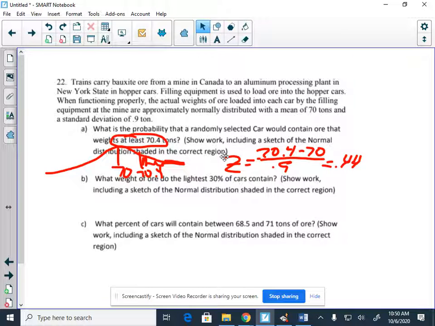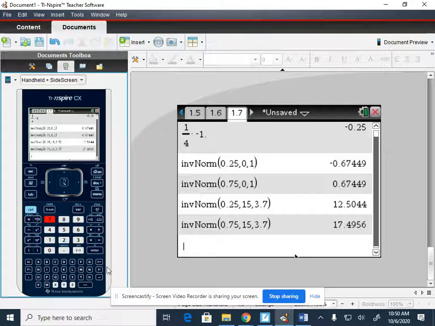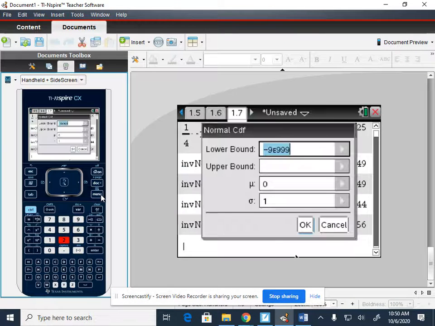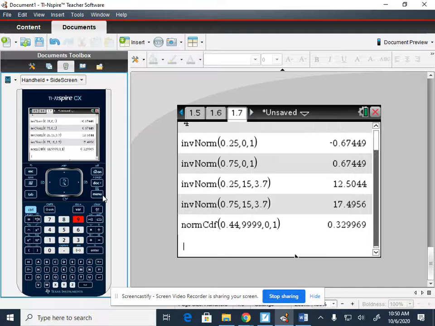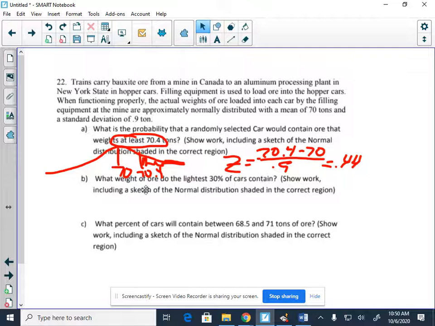That's a 0.44 z-score. We want that value or higher. So this is an inverse norm. And we get 0.33, which is 33%.